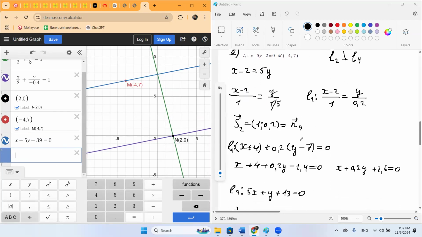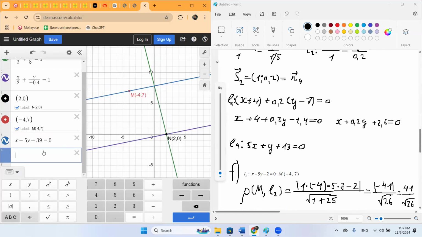And what about L4? So 5x, yeah, by the way, it's 5x plus y plus 13 equals 0.